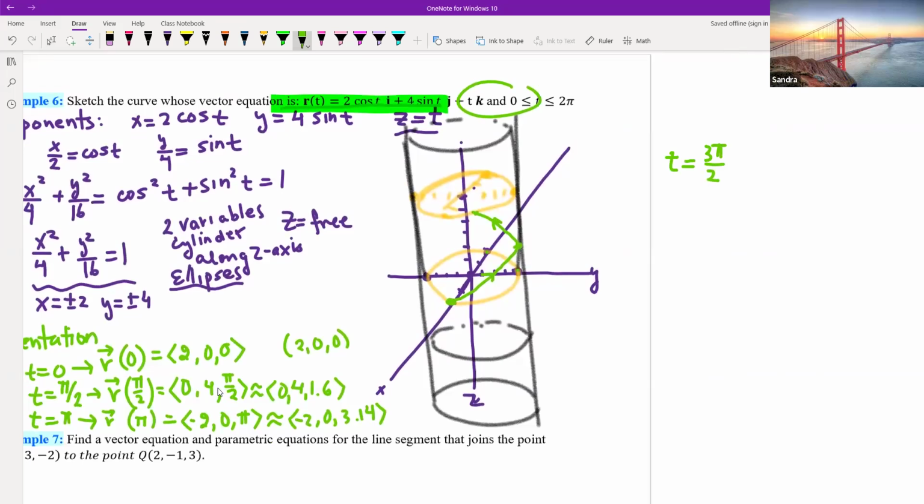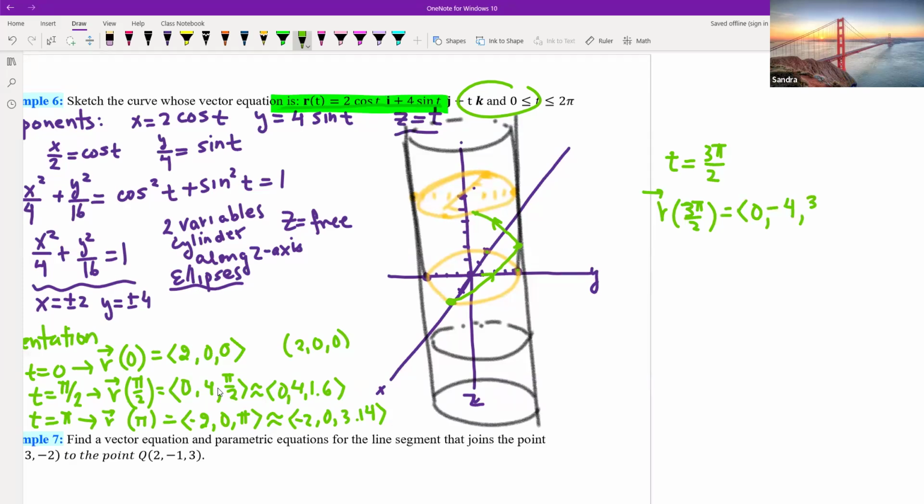And so I'm going to put it into my vector function. And cosine of 3 pi over 2 is 0. Sine of 3 pi over 2 is -1, so that will give me a -4.